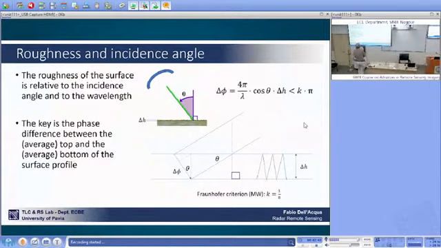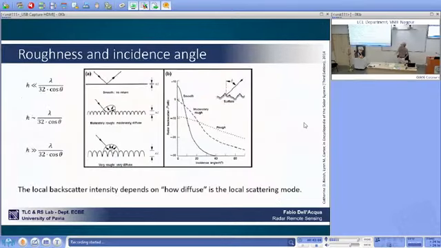Okay, so when I have a situation like this where delta H becomes comparable with the wavelength, then the radiation which used to bounce off in one direction starts being distributed almost everywhere. So what happens is basically summarized here.